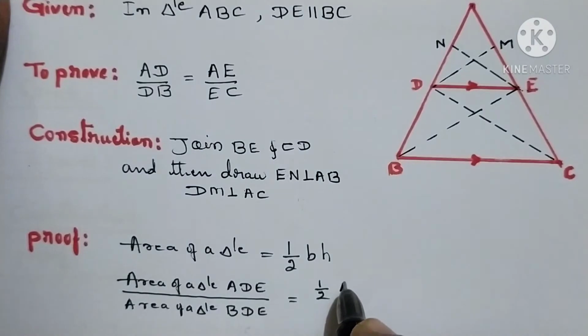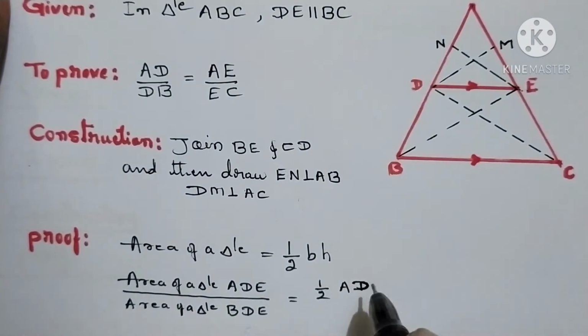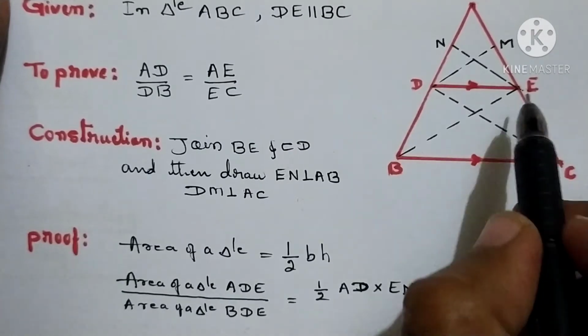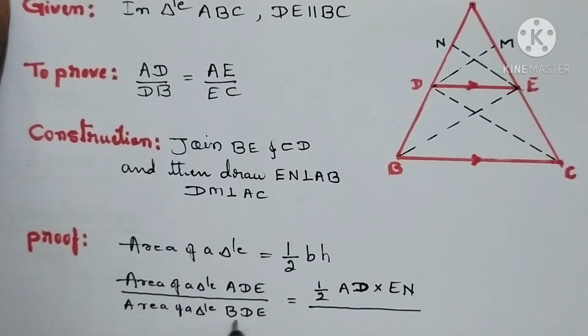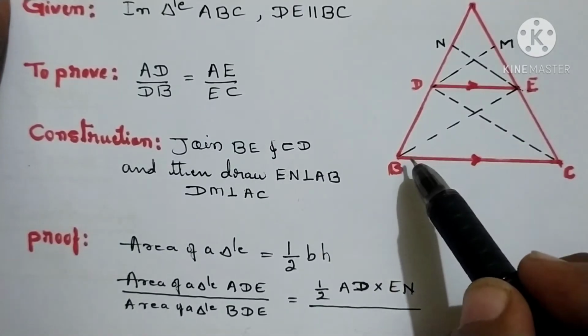So we should take AD, that is the base of the triangle, into height EN. Then whole divided by area of triangle BDE.